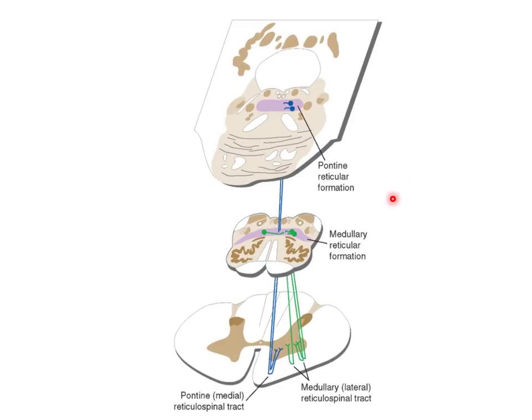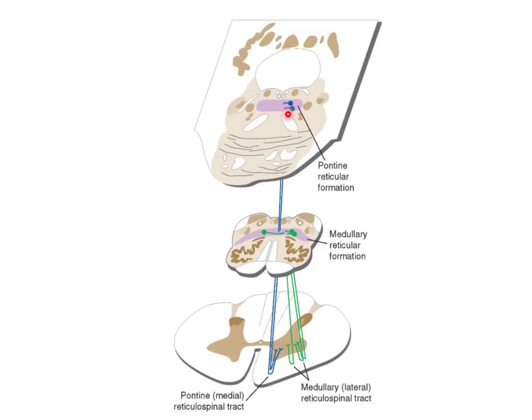We can see some of those pathways coming from the reticular formation, and we see the reticulospinal pathway coming down from the pons through the medulla all the way down to the anterior horn cells in the gray matter to influence the excitability of lower motor neurons.